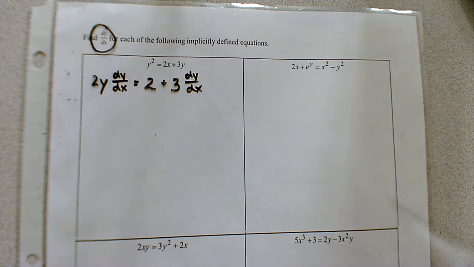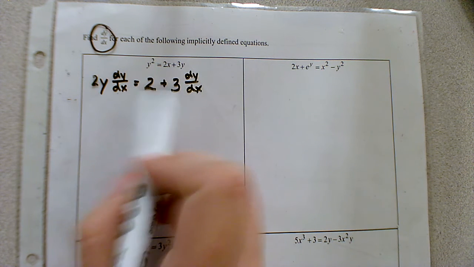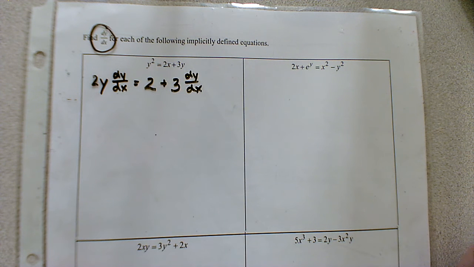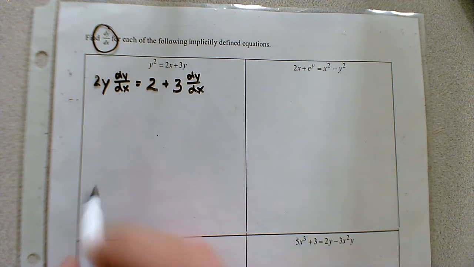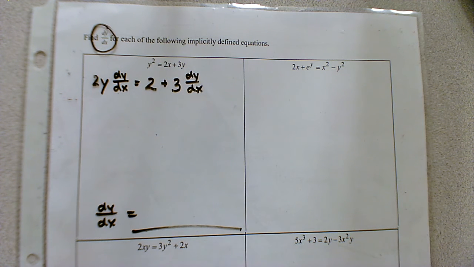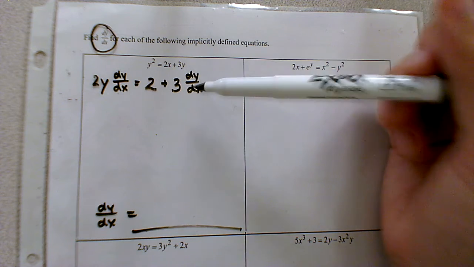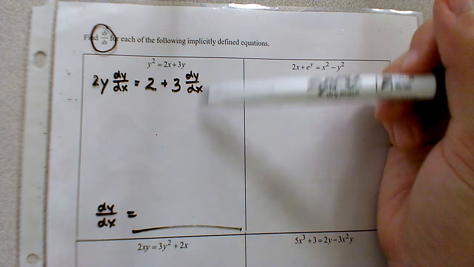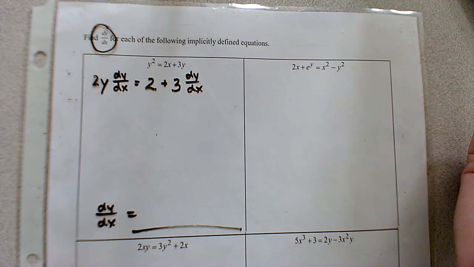So this one's a little different than the previous ones we were looking at, because notice how we have two of those derivative symbols showing up. And our goal is to eventually solve for dy over dx. Like, for instance, we want to get dy over dx equal to something. Okay, we want to figure out what that something is. So we have some algebra to go from here to help us get to this point.